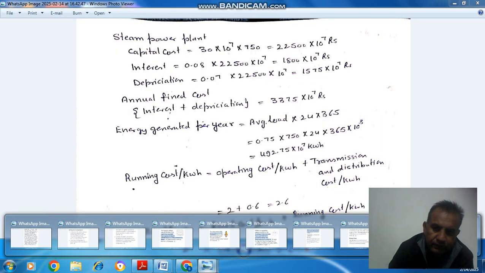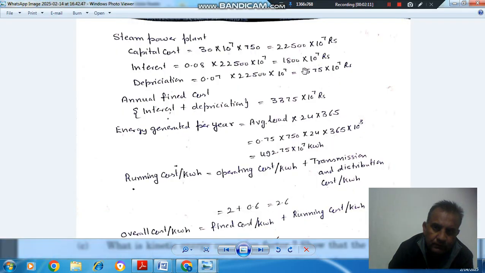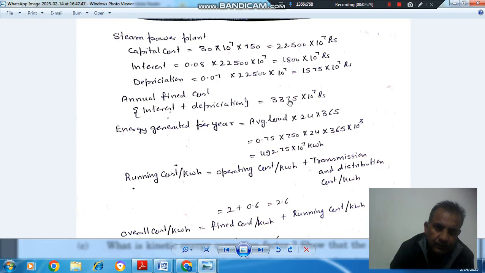Calculating these costs, these are the fixed costs, interest and depreciation. So that is 3375 into 10^7 for interest plus depreciation.